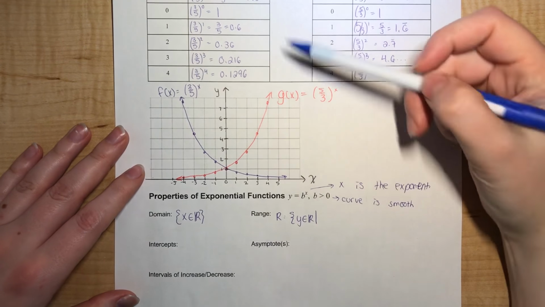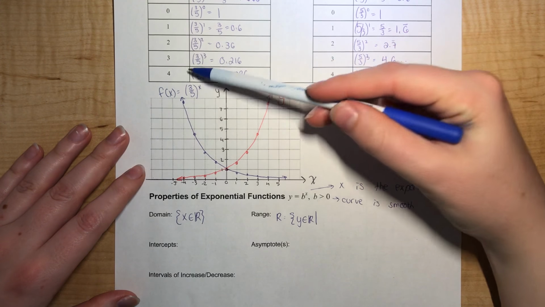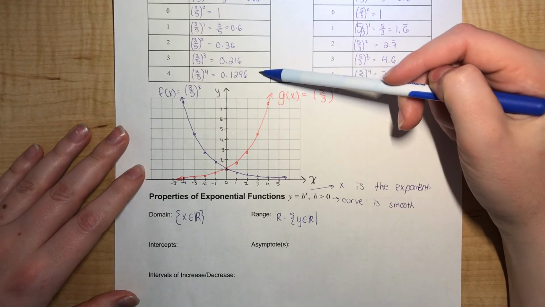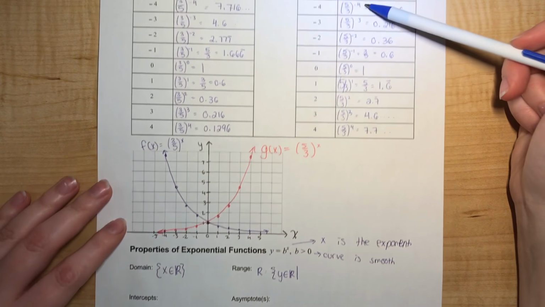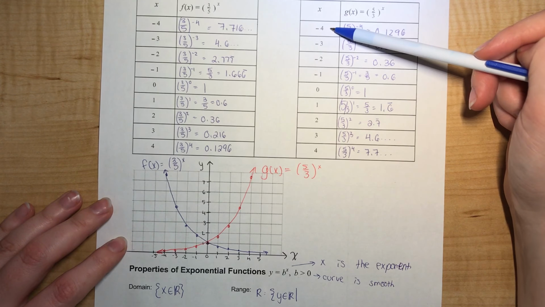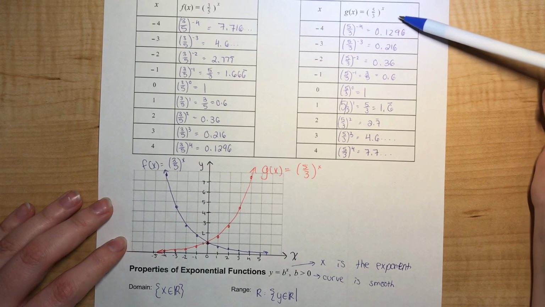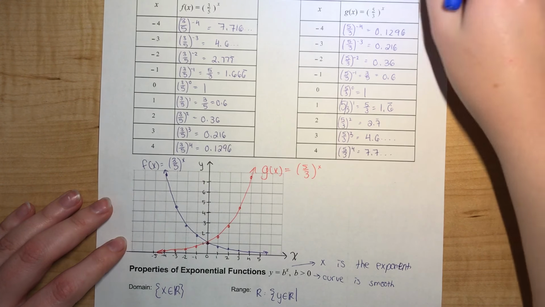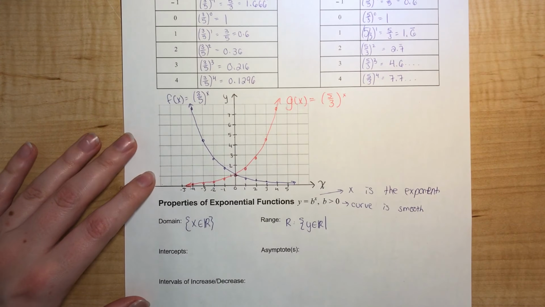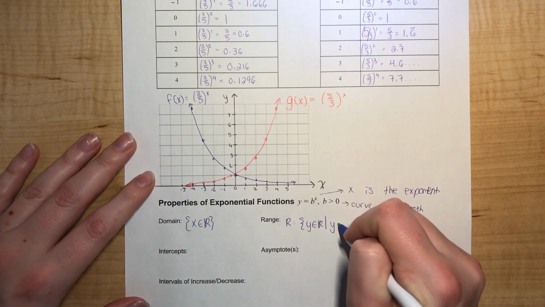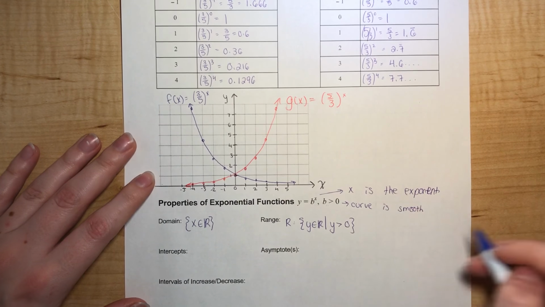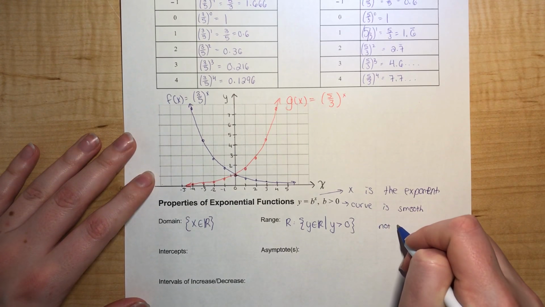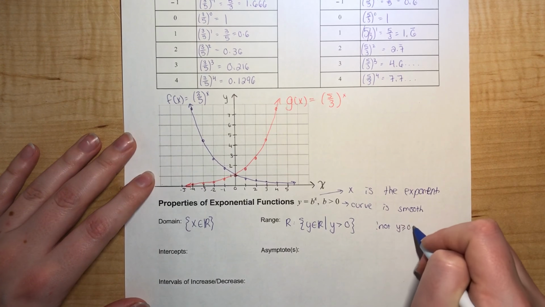And that fits with our values as well, right? As big as we make this exponent, we're never going to get to 0. Or as negative as we make this exponent, negative 10, negative 100, whatever, this is never going to reach 0. So our restriction for the range is y has to be greater than 0. Not greater than or equal to, so just watch out for that.